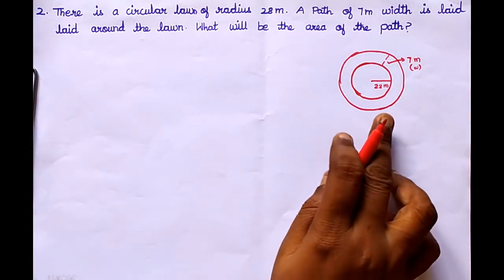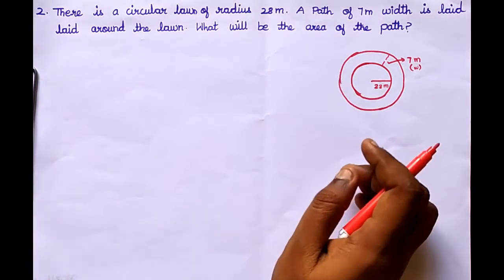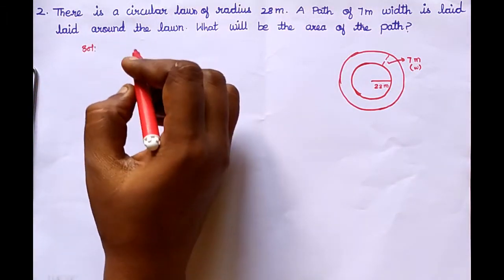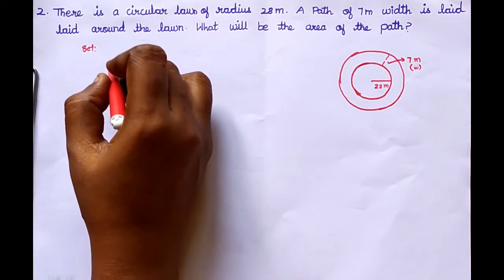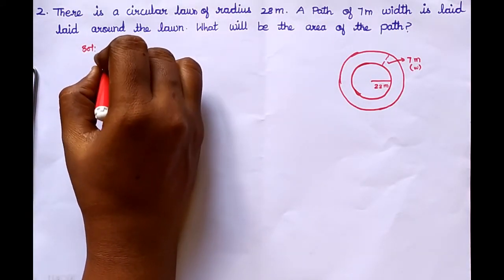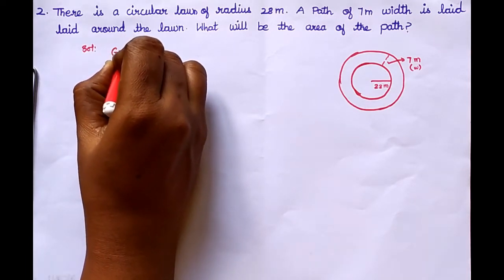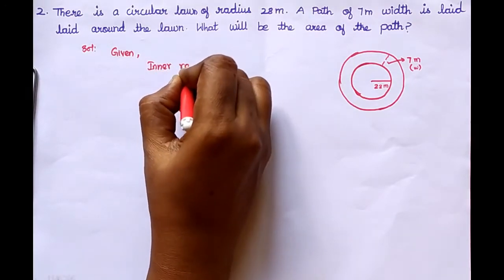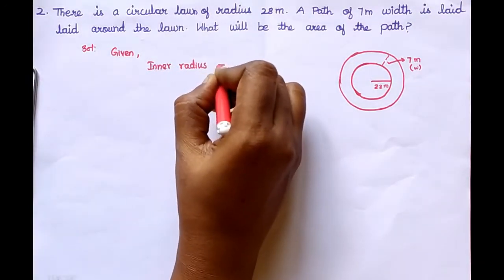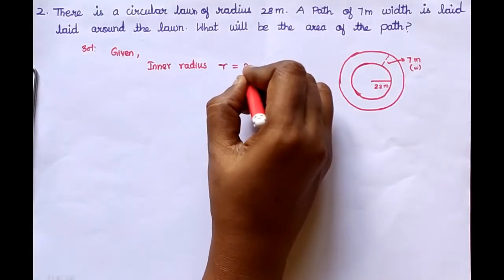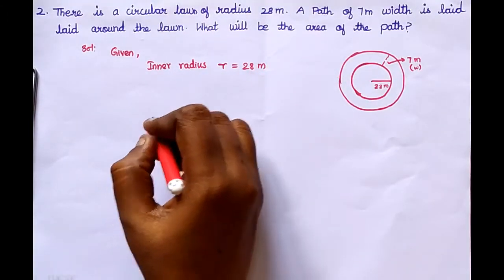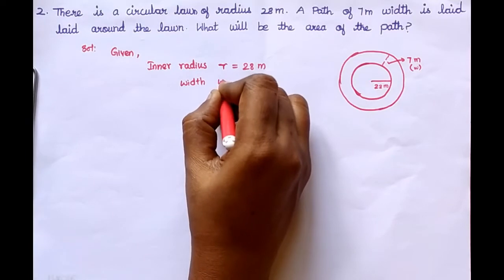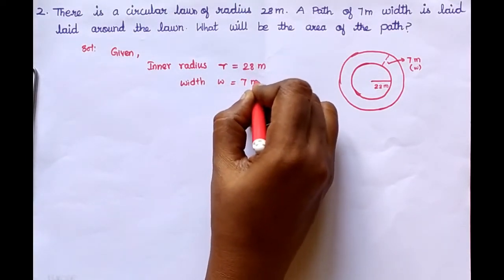So we have to find the outer radius first. They did not give the outer radius, so find it first. Given inner radius small r equal to 28 meter and width of the pathway, that is W equal to 7 meter.